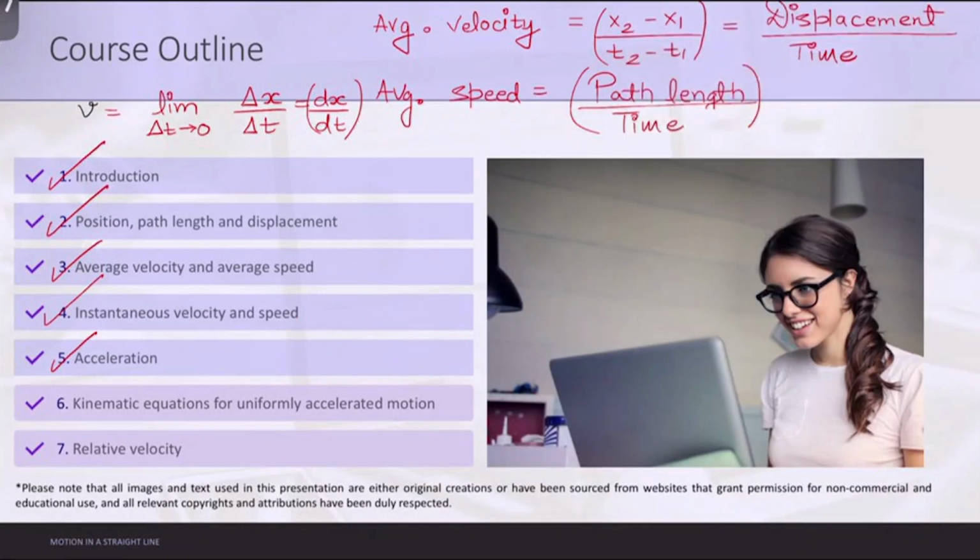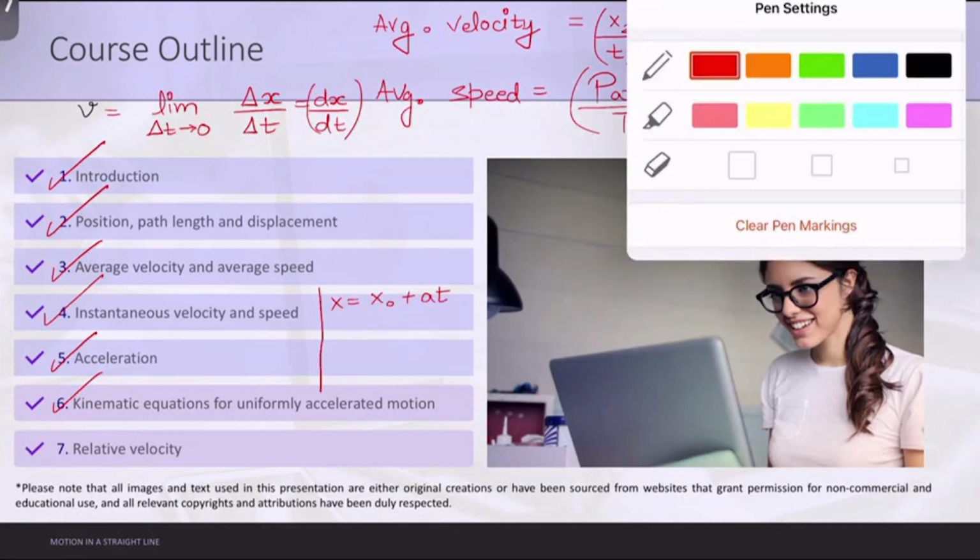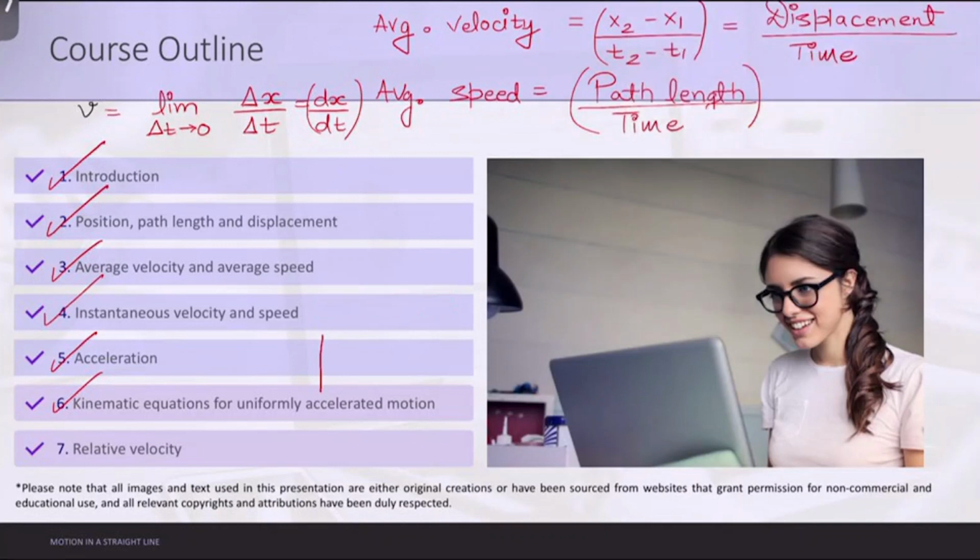Moving on to the final part, the kinematic equations for uniformly accelerated motion. In this, we understood three different equations. Let's not go into cases, let's generalize. First is v is equal to v naught plus at.